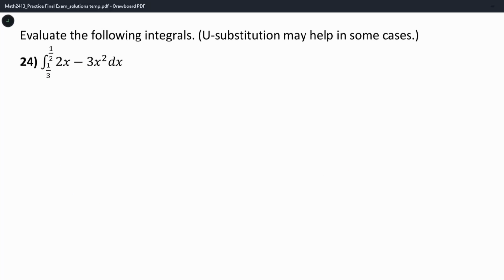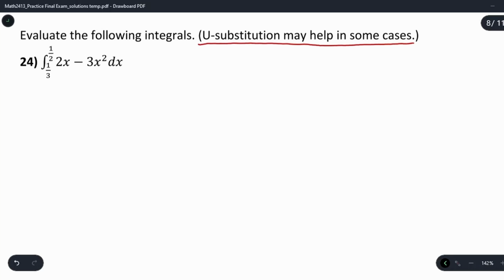Next, number 24, we need to evaluate this definite integral. Now it says use substitution may help, but in this case I can see that I have just a simple polynomial expression, so we're going to find the antiderivative of each term separately. The antiderivative of 2x is x squared.